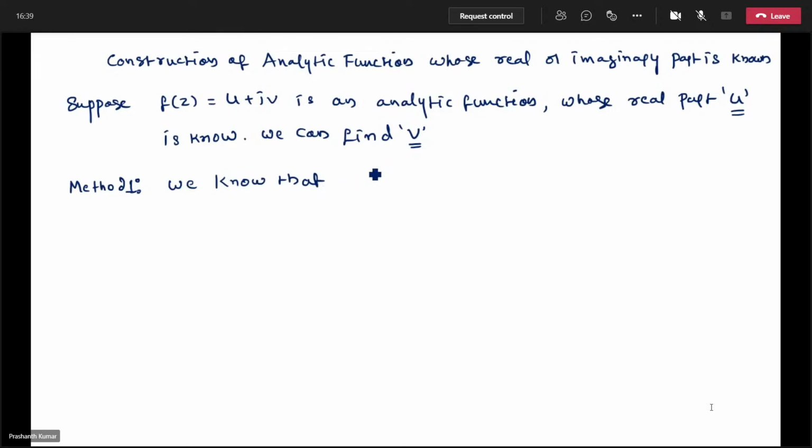we know the total derivative of the function, dv. What is dv? The total derivative. This is also in terms of partial derivatives.